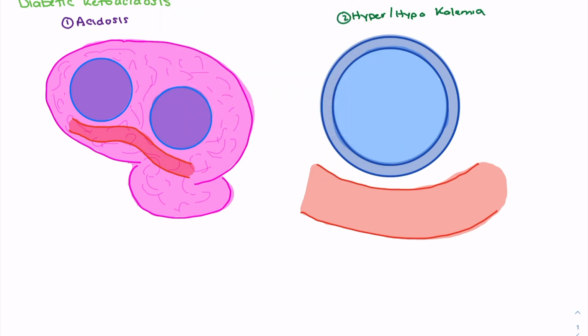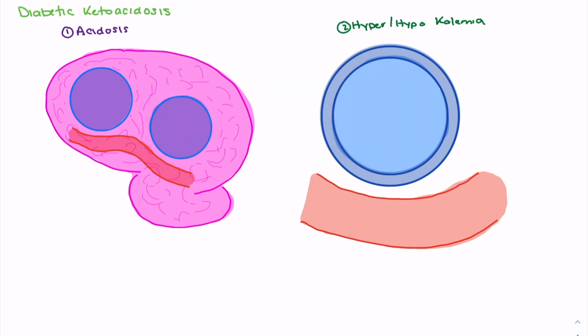So we know that as the patient enters ketoacidosis, we see an increase in acids circulating through the blood supply. We'll use these purple dots here to indicate an increase in acid. What we have to be mindful of in terms of acidosis are two things. As we have an increase in hydrogen ions or an increase in acidosis within the brain, that will promote an attempt at the cellular level to buffer those acids.